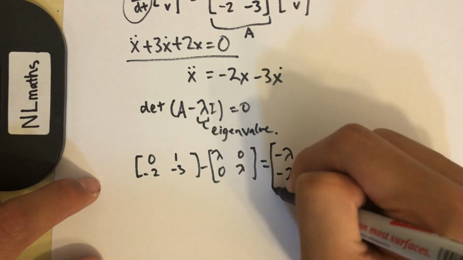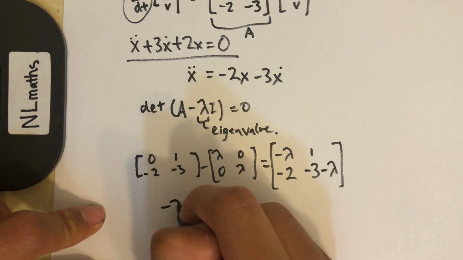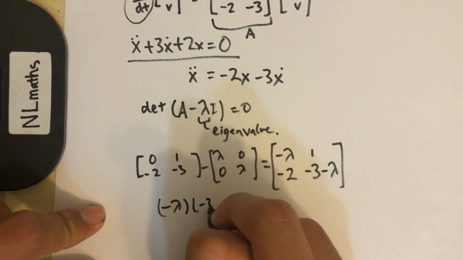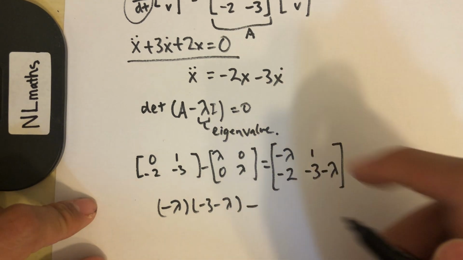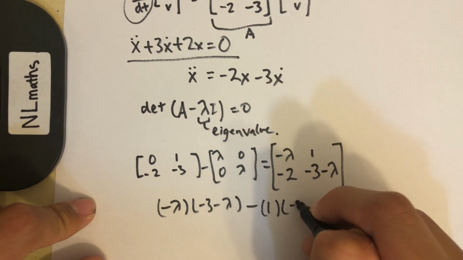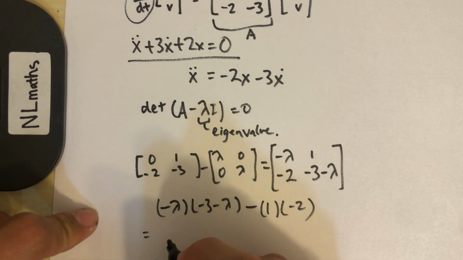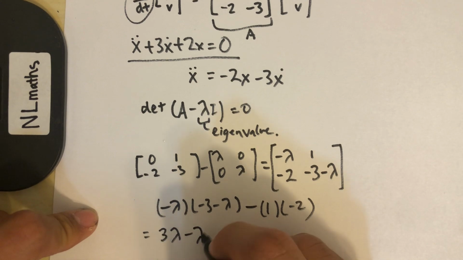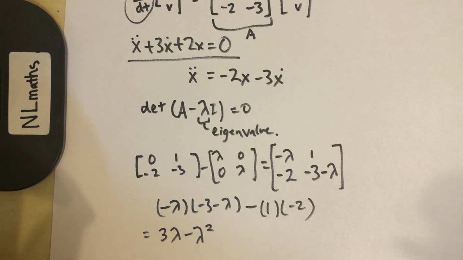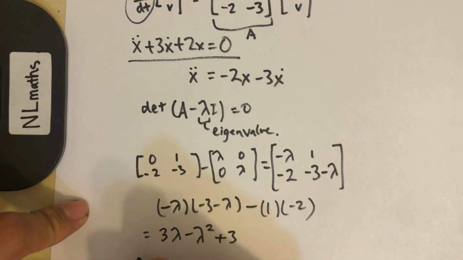If we take the determinant of this, so negative lambda times negative 3 minus lambda, and then minus 1 times negative 2, let's quickly complete this. This is negative lambda times negative 3, which is 3 lambda, minus lambda squared, plus 3, and then let me just rearrange this.